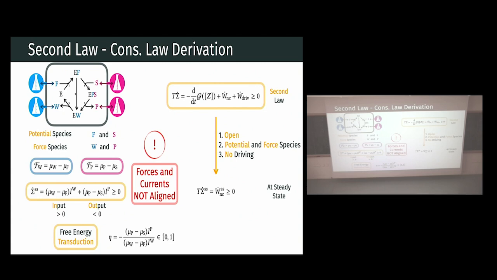We can compare the two, and that defines the efficiency of our process. And that's always between 0 and 1, because of the entropy production rate. There's a temperature missing there, sorry. And it is a thermodynamic efficiency.